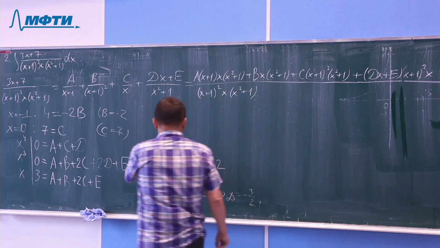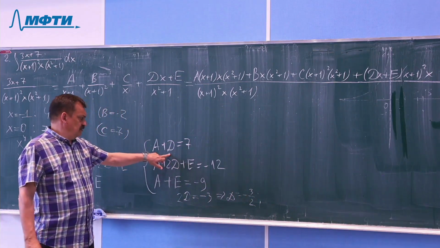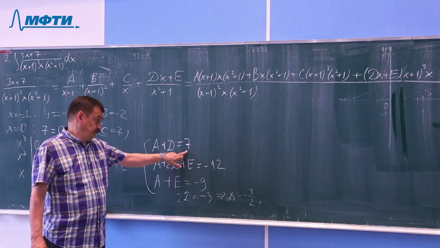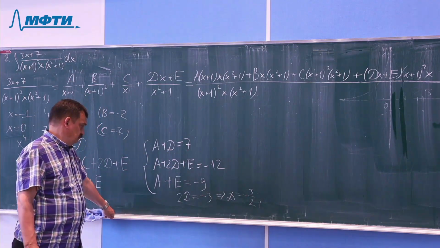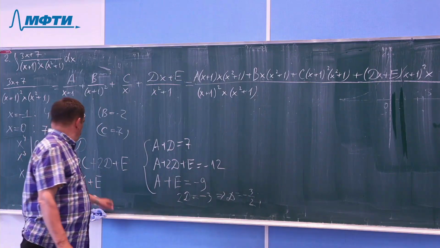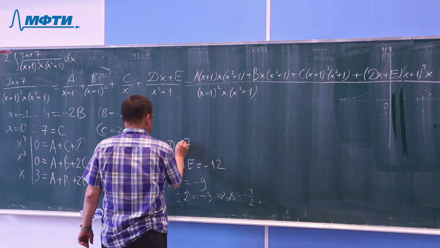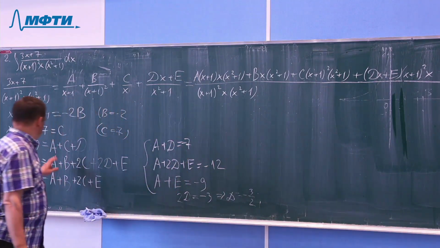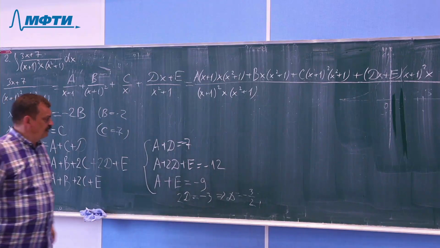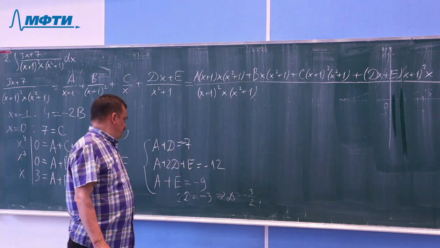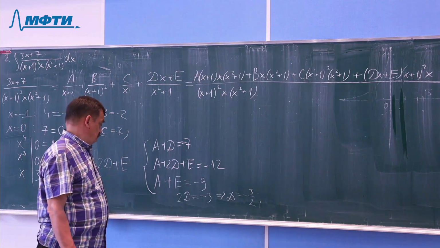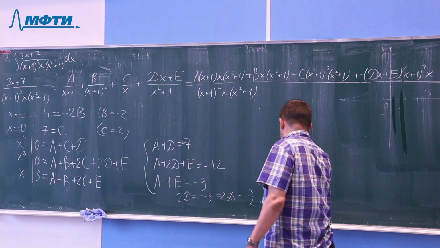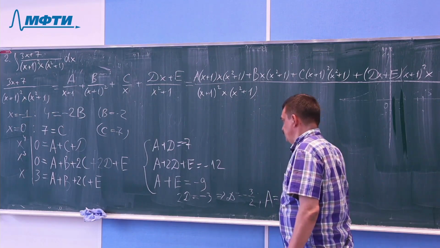After that, if we know d, so 3 over 2 plus 7. Sorry? Minus 7. Yeah. Minus 7. Thanks. So minus 7 plus 3 over 2, it's minus 14, minus 11 over 2. a is minus 11 over 2.